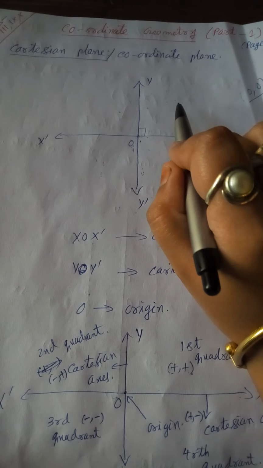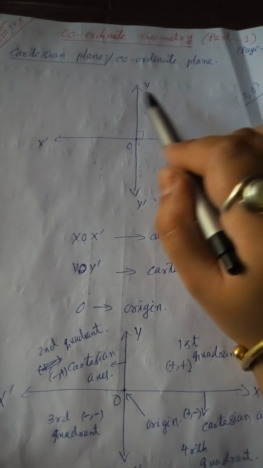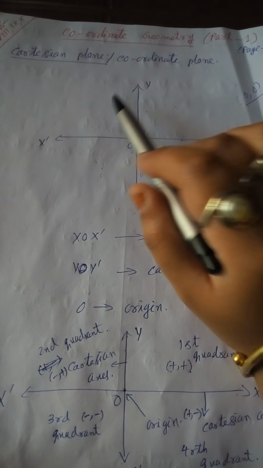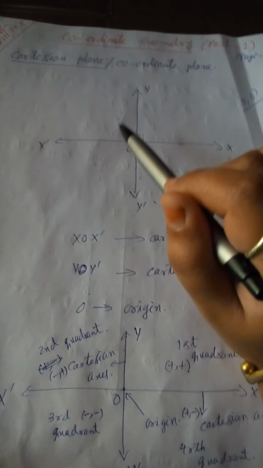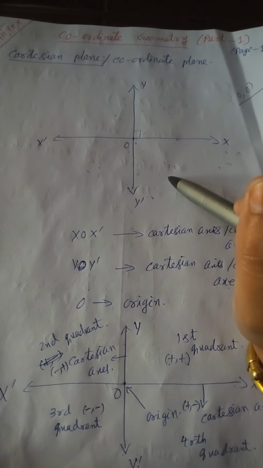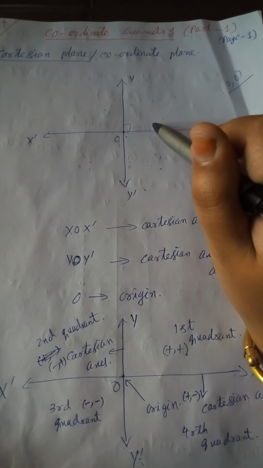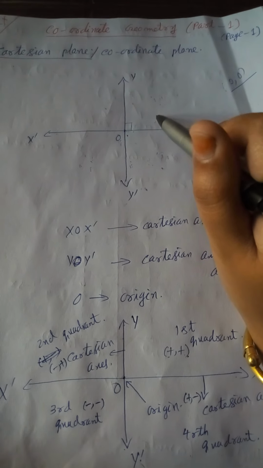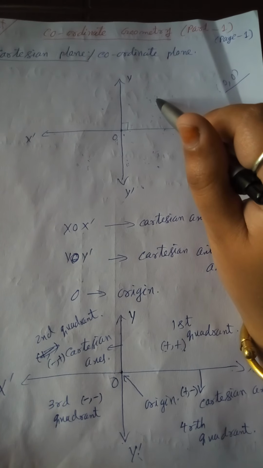And how many parts are there here? 1, 2, 3, 4. Every part is called a quadrant. First quadrant, second quadrant, third quadrant, fourth quadrant. When you plot any point on this plane, if the x and y values are both positive, then you can plot it in the first quadrant.